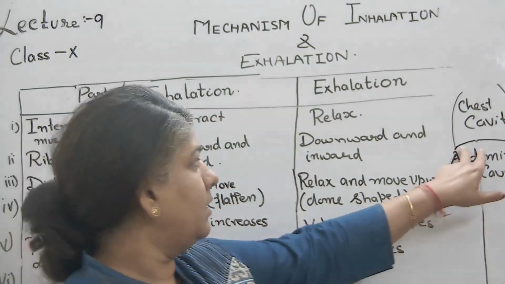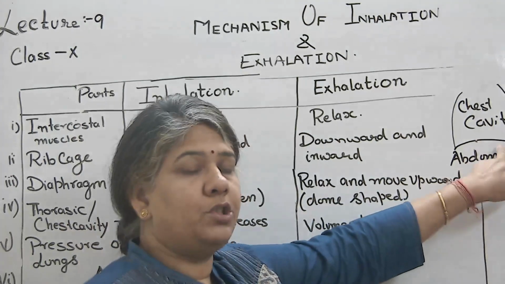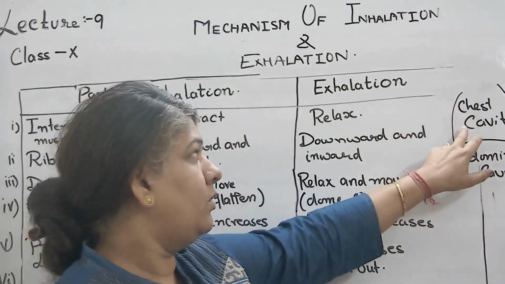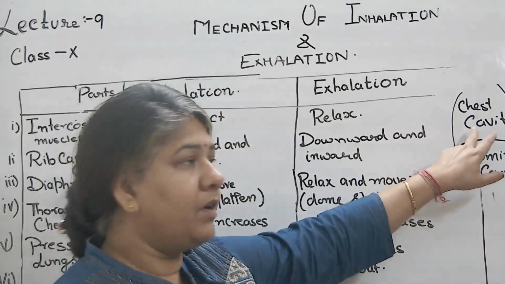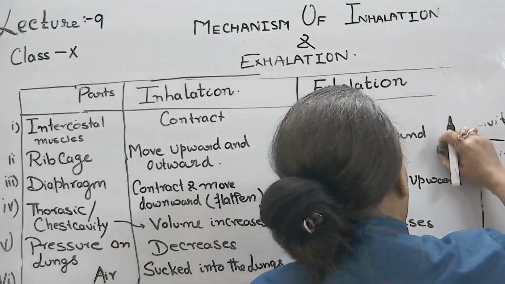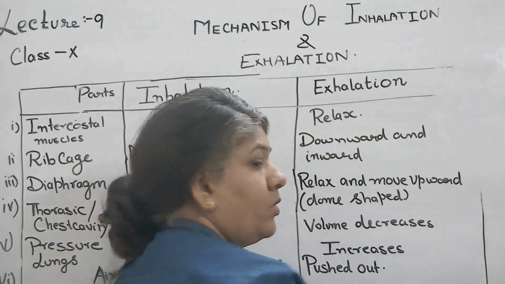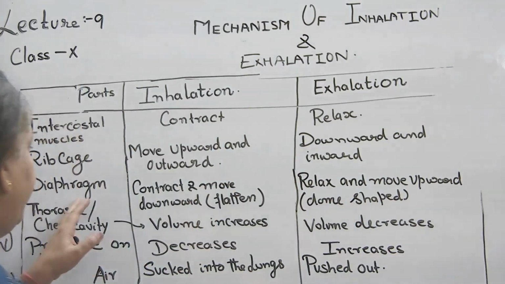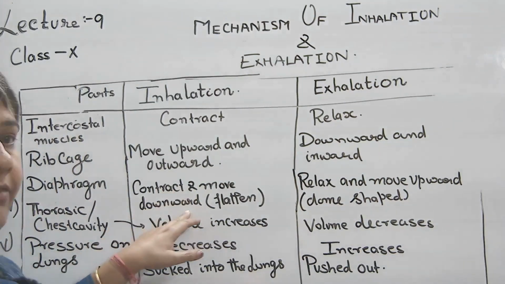So this muscular sheath, which is called the diaphragm, divides our body into the chest cavity or thoracic cavity and the abdominal cavity. So this muscular sheath will also show movement. So the diaphragm contracts and flattens.